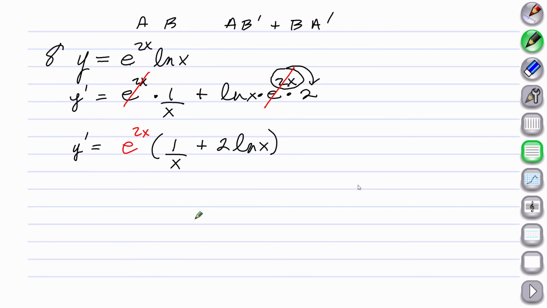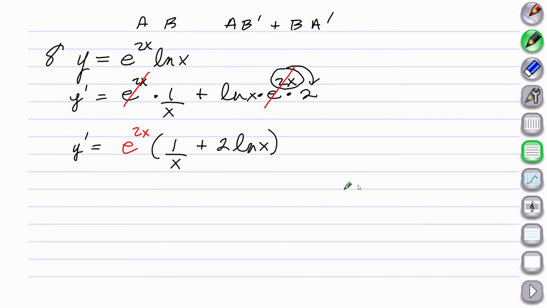Number 7 takes about 5 steps to do. Make sure you watch how the parentheses are on that one. There's quite a bit of chain rule on that.